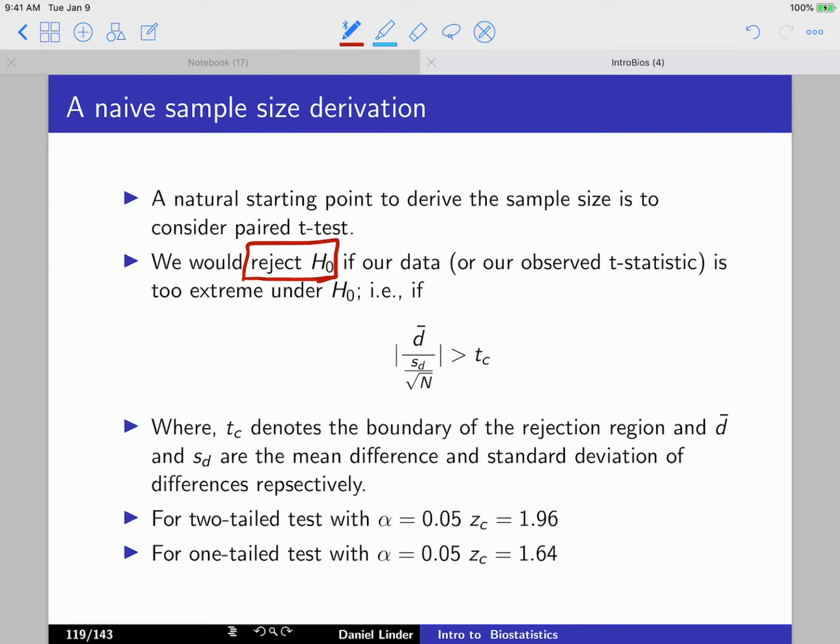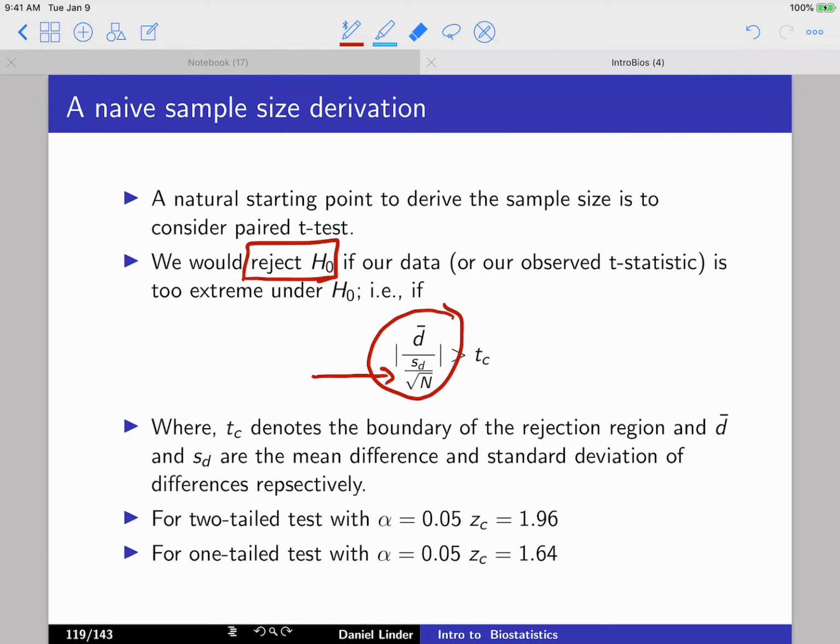So for the paired t-test, how would we reject H naught? Our test statistic, which is D bar, the average of the differences divided by the standard error, would be too large.